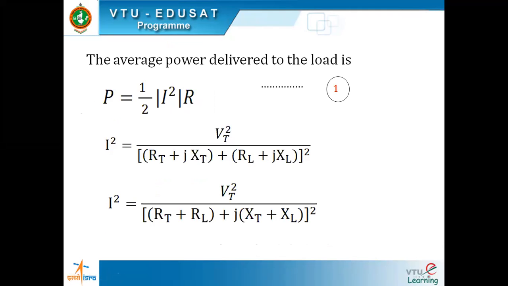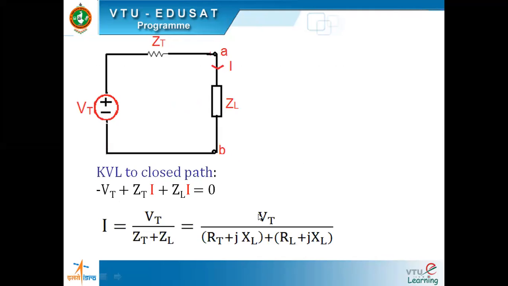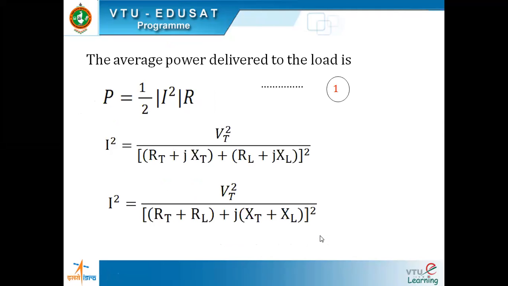You just have to square it. So it's Vt squared divided by this denominator squared. In the denominator, what is being done? What is the difference between this and this? See here, the real terms and the imaginary terms are being separated. So it looks like this after that.